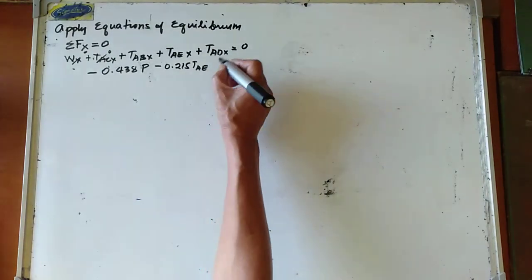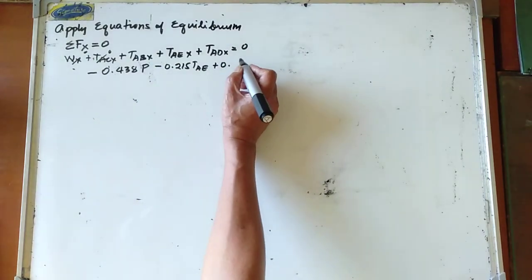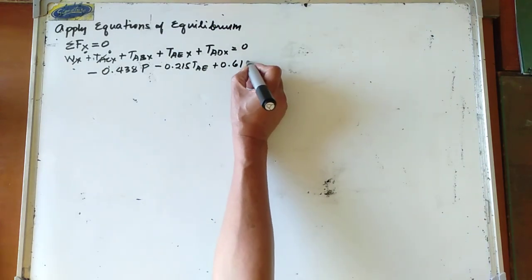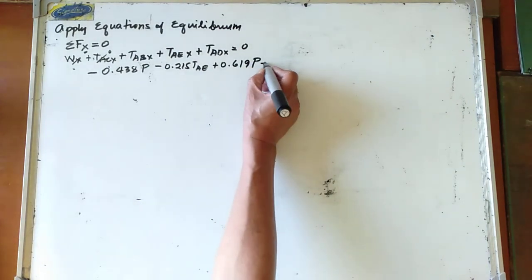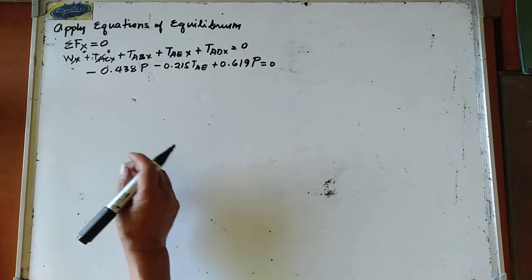So TADX is plus 0.619P, and that is now equal to 0.